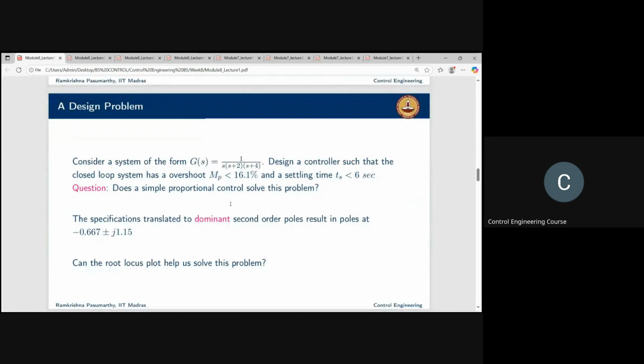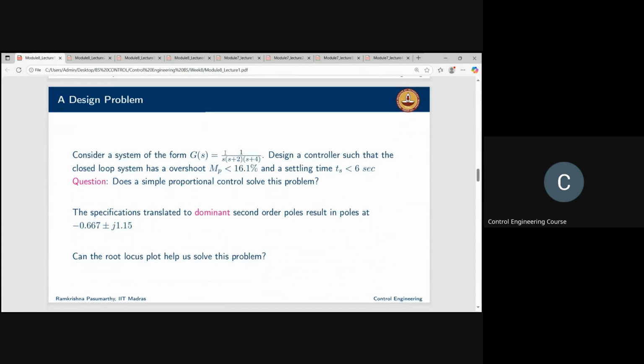Now let's start with a simple example. Consider a type 1 system, 1 by s into s plus 2 into s plus 4. Here what they are saying is, design a controller such that the closed loop system has an overshoot less than 16% and a settling time less than 6 seconds. Does a simple proportional controller solve this problem?